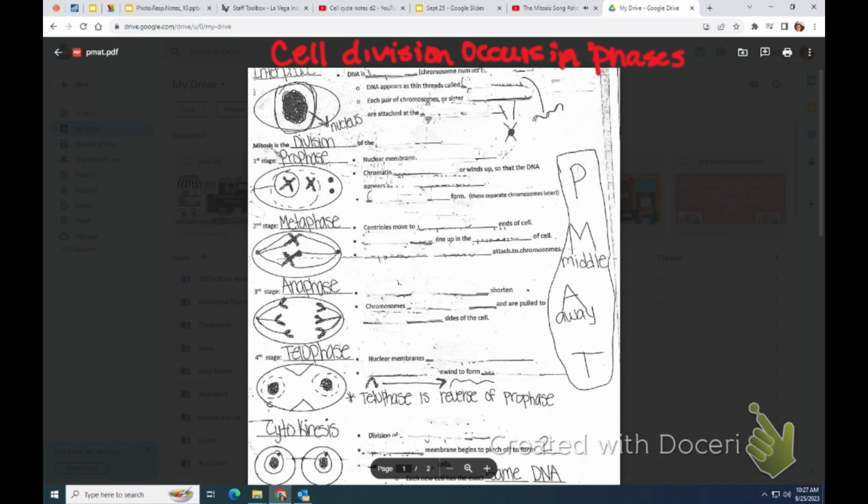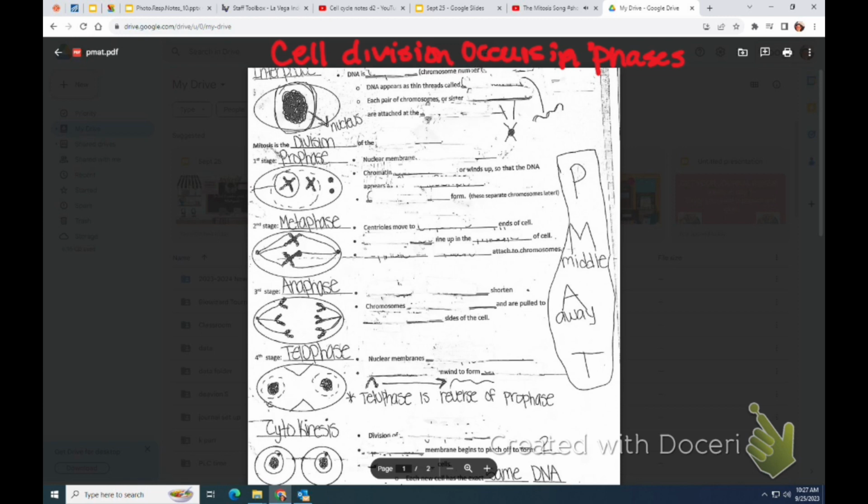Cell division occurs in phases. Just across the top of your paper. So I have already filled in the drawings for you today, just for the sake of time, but we are going to reference them as we go about our notes today, okay?